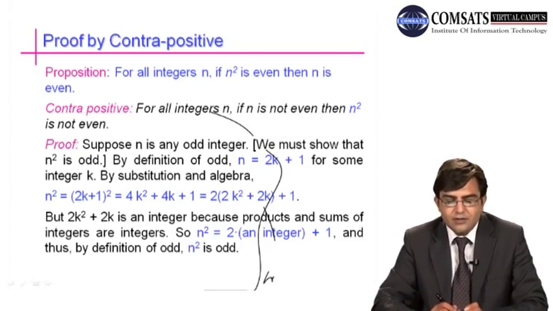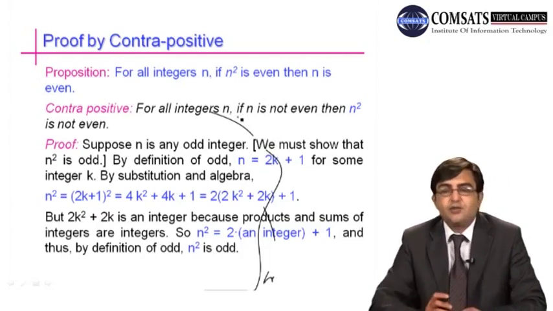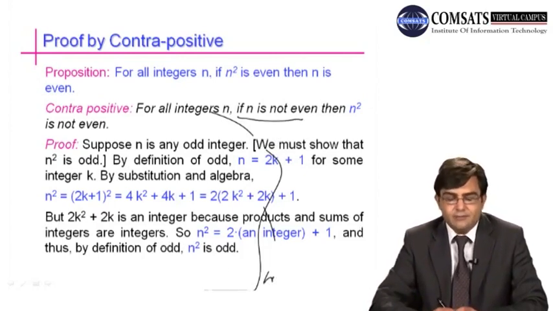Now we shall prove this contrapositive statement by the method of direct proof. We suppose the hypothesis is true, that is, n is not even. If n is not even, then obviously n will be odd.